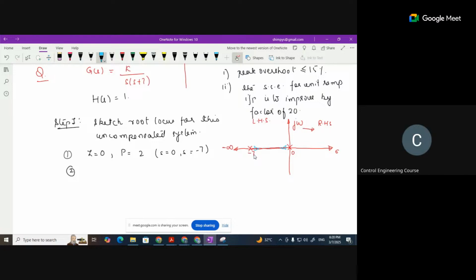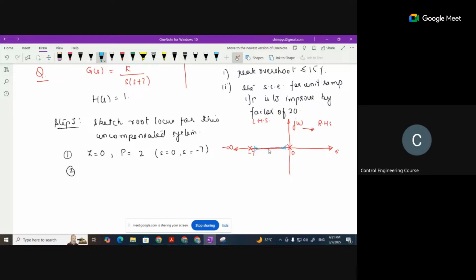The direction of infinity from the breakaway point is told by the angle of asymptotes that we discussed in the previous class. The angle of asymptotes is drawn by knowing the centroid.